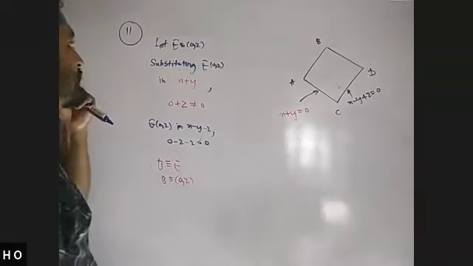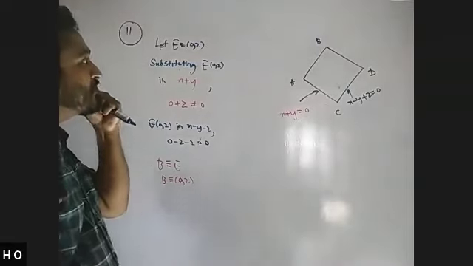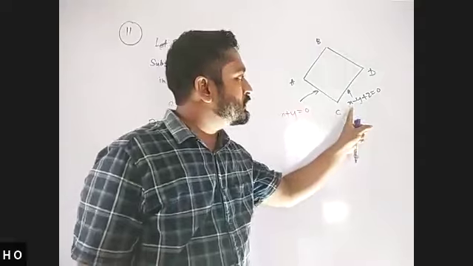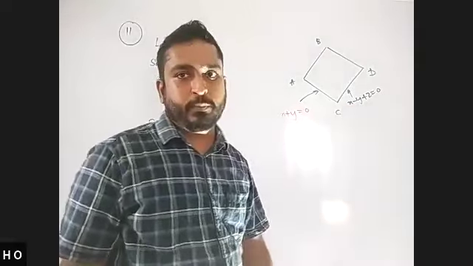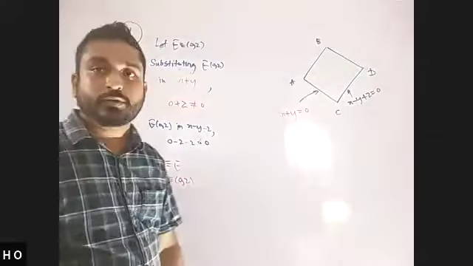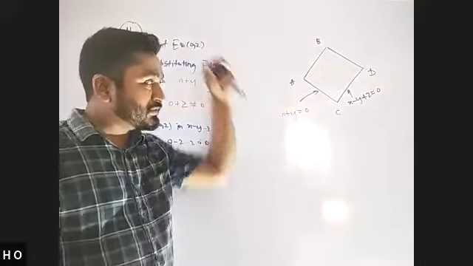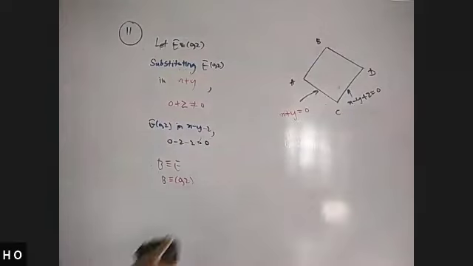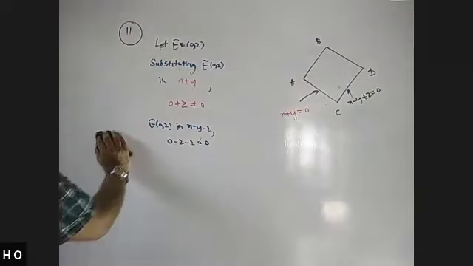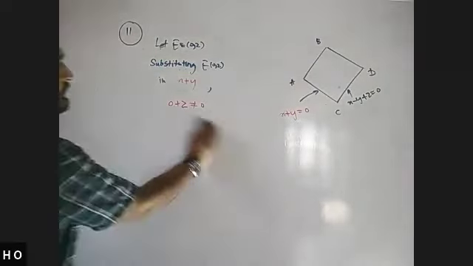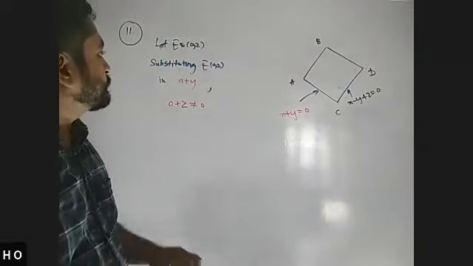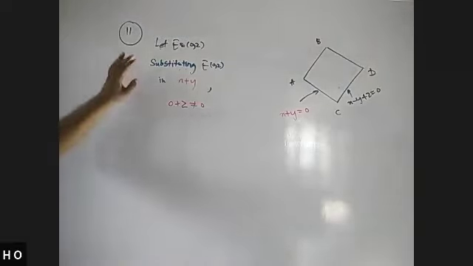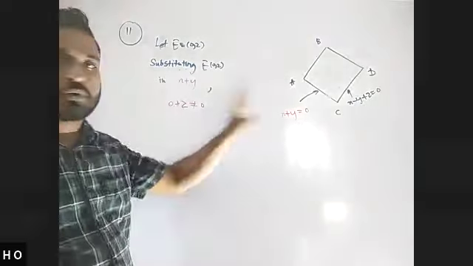Then when we consider E to be (0, 2), the point should be on CD, either C or D. By substituting E in x plus y, it is not on AC.